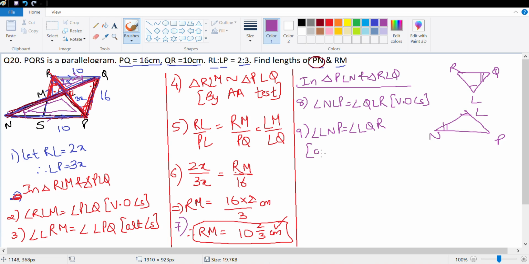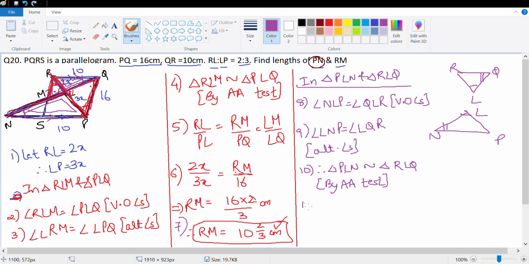These are alternate angles. Therefore, triangle PLN is similar to triangle RLQ, with L equal to L, N equal to Q. So this gives me PLN is similar to RLQ. Perfect. This is by AA test.